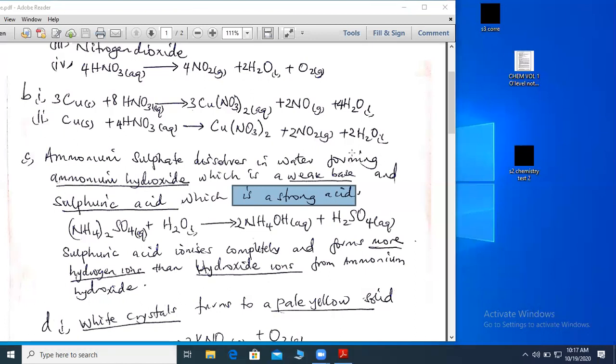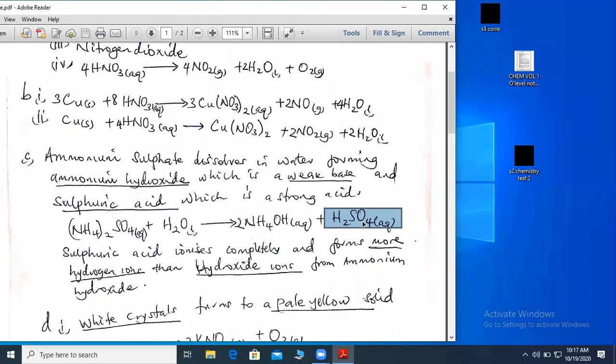But what makes the solution acidic? I remember telling you the other time that sulfuric acid is a strong acid. The definition of an acid is a substance that dissolves in water to form hydrogen ions as the only positively charged ions.